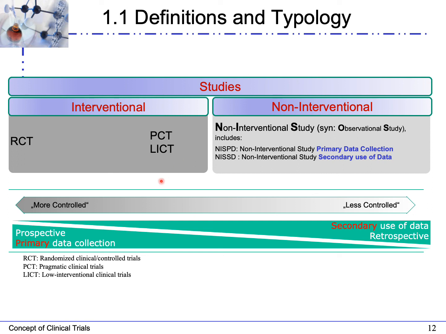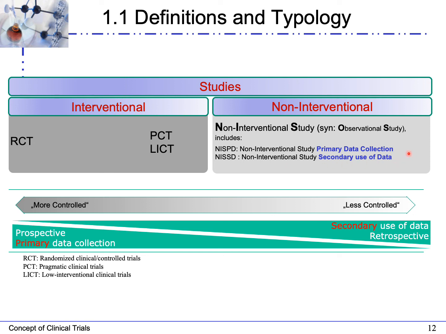And in general, the more you are on the left, the more you have a robust control. The more you are on the right, the less is being controlled. The more you are on the left, it's rather prospective and primary data collection, while the more you are on the right, it is secondary use of data and retrospective.